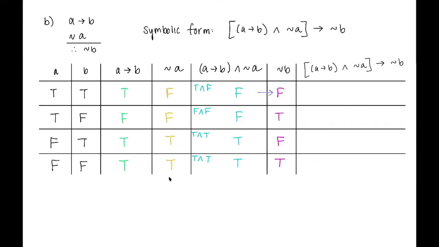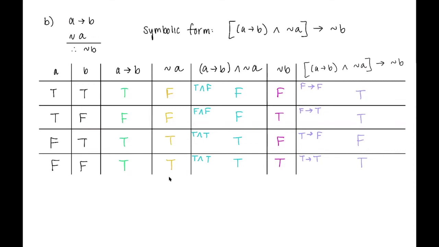And now I'm going to put an arrow in this direction. And you see we have our problematic case. But I'll go ahead and put each of those in here. False, false, true, true for the premises. We're making this conditional statement for our argument. And then putting the values of not B. So this is our problematic case, but the other values are true.